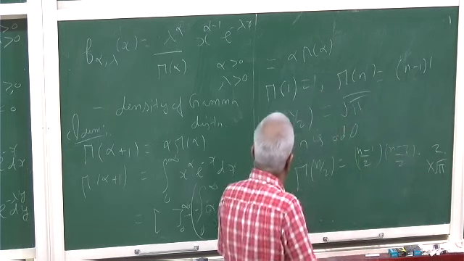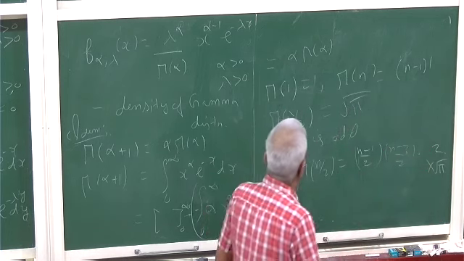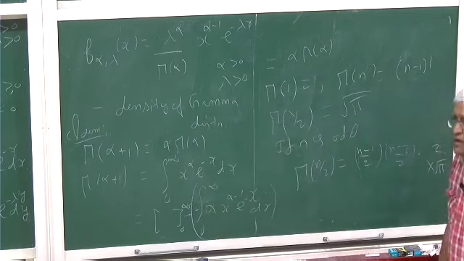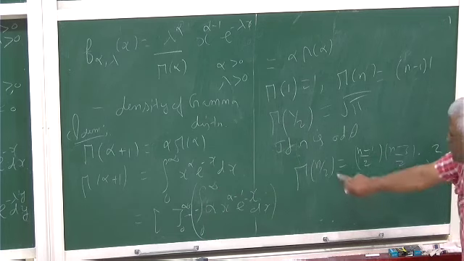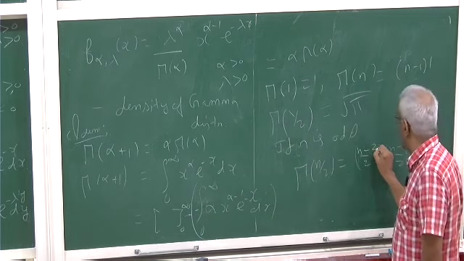This is n minus 1 by 2, no? No, this should be n minus 2 by 2, right?